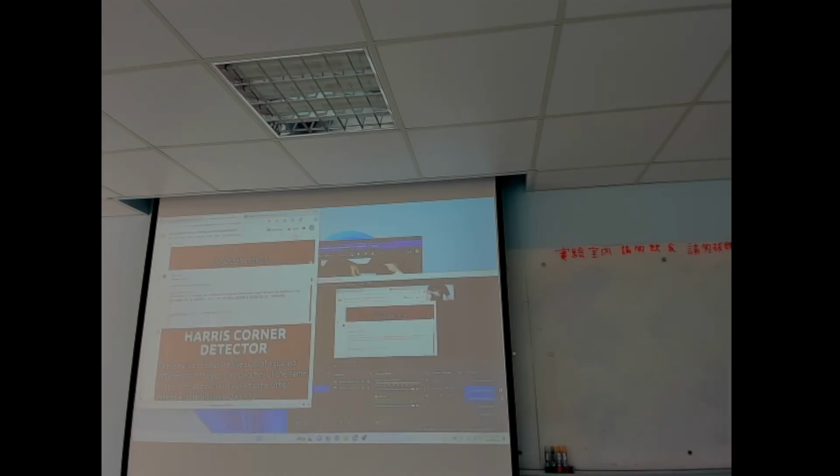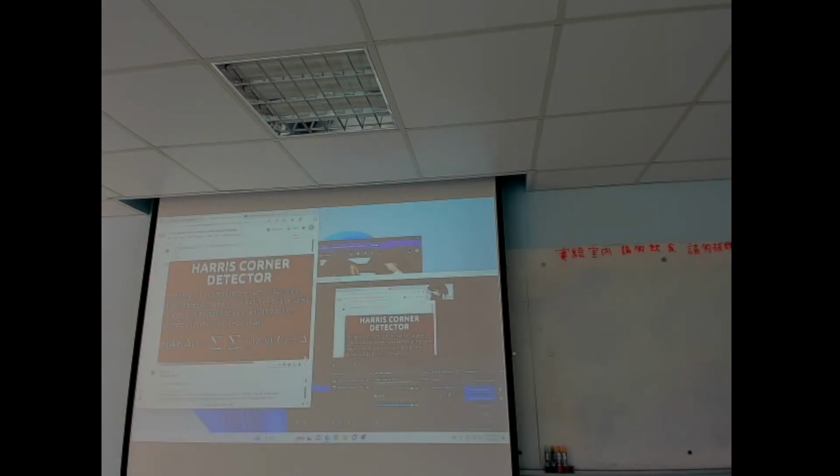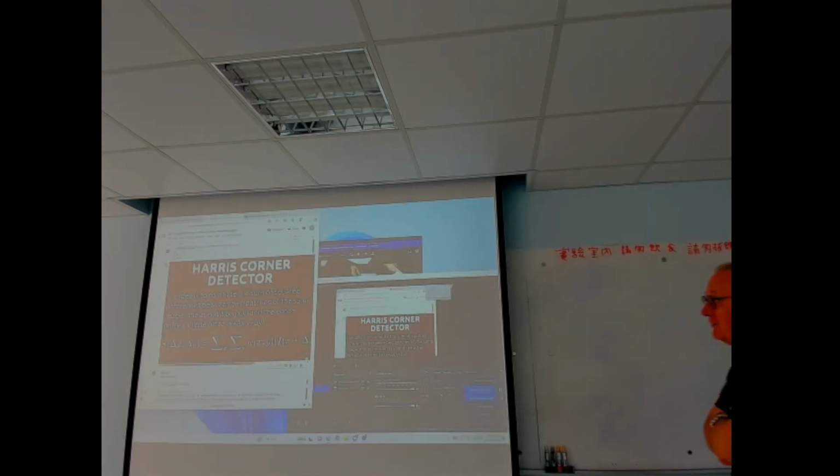Now we can actually formalize that using exactly this definition. The idea is that we compute the sum of the squared differences between two parts of the image. One is the point that I'm considering as a feature point, and the other one is that point plus some small shift in delta x and delta y. And then for all the delta x's, delta y's, I want there to be a big sum of squared differences.